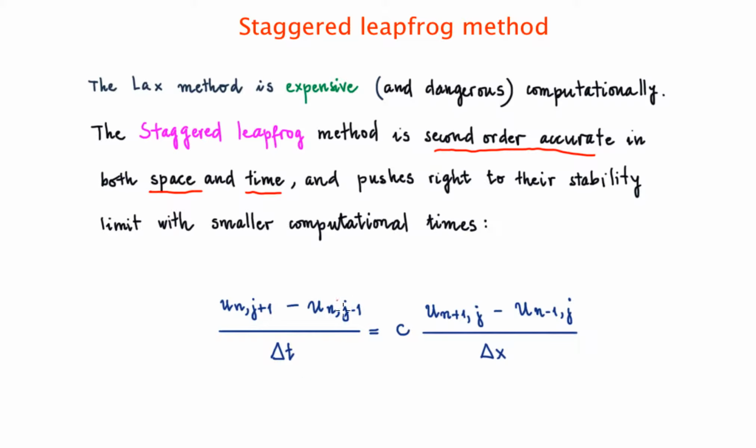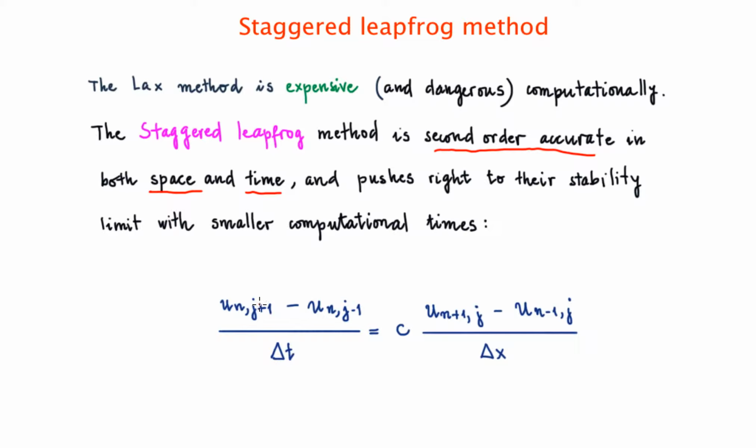So one can be obtained from the other, just changing what happens with n, applying it to j. So this is therefore the finite difference representation for this method.